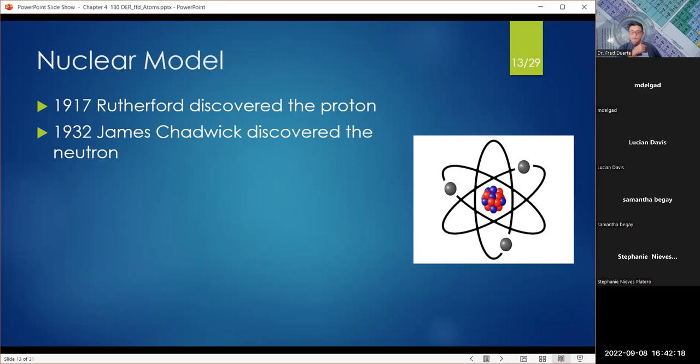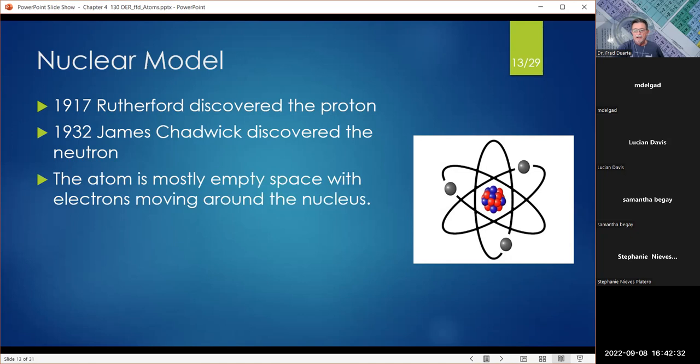And so we had J.J. with the electron, Rutherford with the proton nucleus, and then Chadwick with the neutron. And our model now is sort of like what you see there on the right, where in the center you have the nucleus where the proton and the neutron exist, and then the electron is orbiting, by some manner, around it.